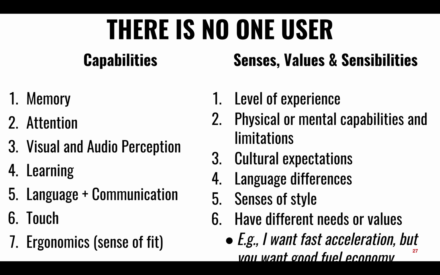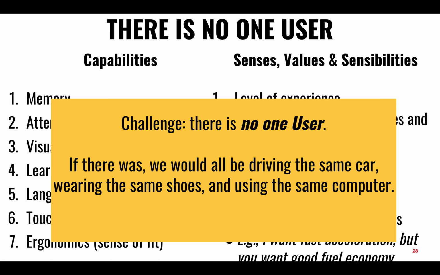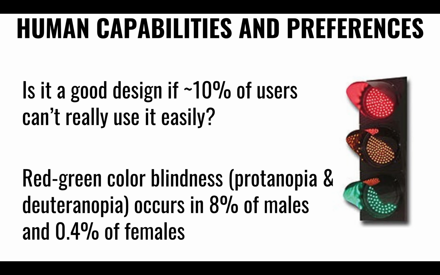Like for instance, in my country, we're less politically correct, whereas here perhaps there's a lot of focus on being politically correct, right? So there are a lot of different sensibilities across multiple cultures, and we have to take those into account to be culturally sensitive. Yeah, there is no one user. That's one of the biggest challenges of designing anything, of building anything.